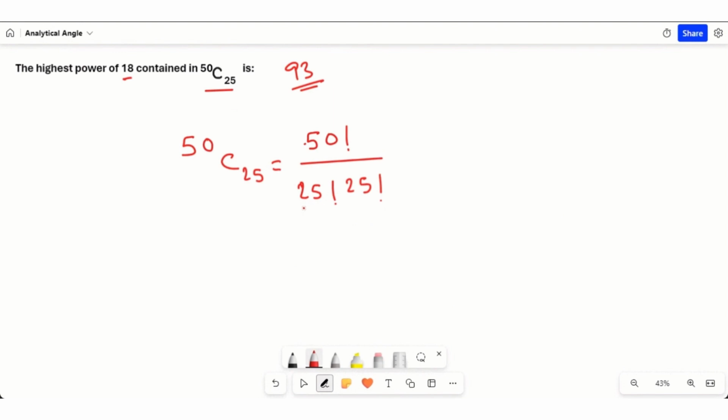And to find the highest power of something contained in something factorial, we need to use de Polignac's formula, which can be really useful in such questions.